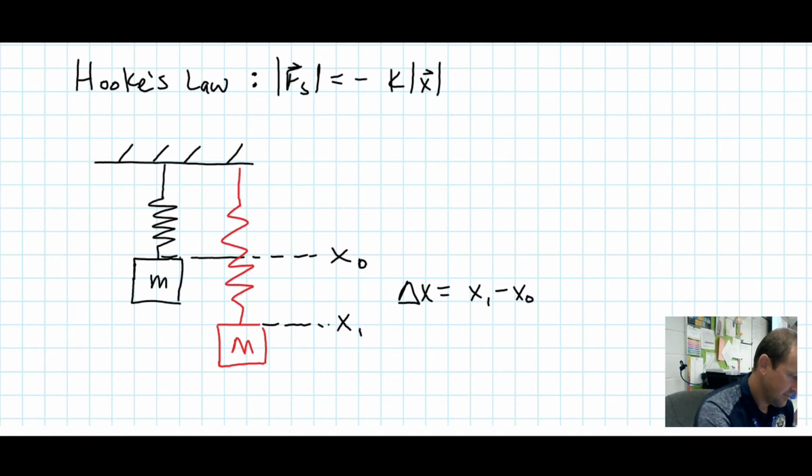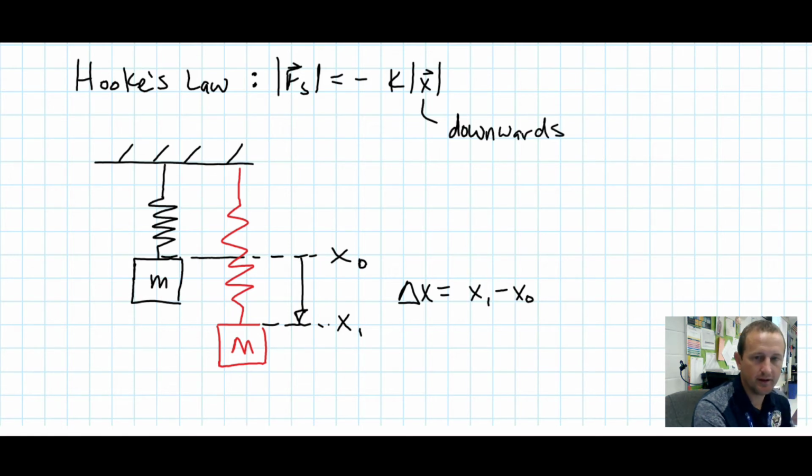And that displacement was, of course, downwards. So displacement is a vector, and right now we can see that this displacement is downwards. Okay. The spring constant is a constant, so it's just a value, no more, no less.